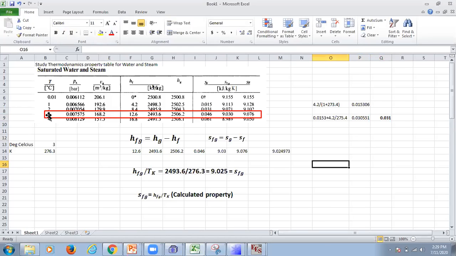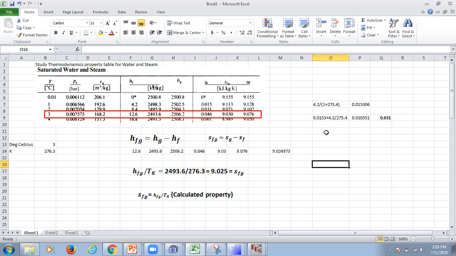So if you need to look into SF at 3, are you there? Can you hear? Very good. See how I am generating this SF at 3.